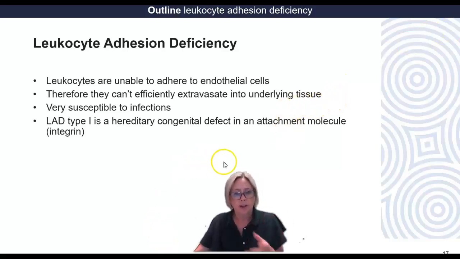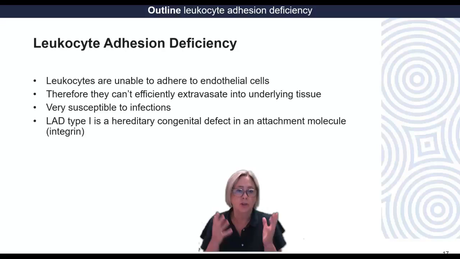If this disorder is present, it means that the person is going to be very susceptible to infections. An example here is LAD type 1, which is a hereditary congenital defect. So it's inherited, and it's a defect in an attachment molecule called the integrin.